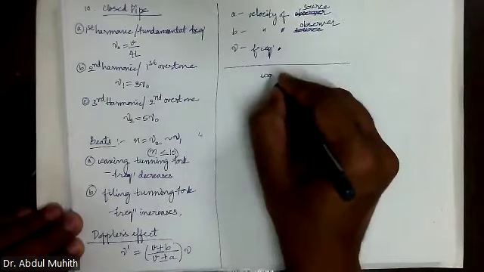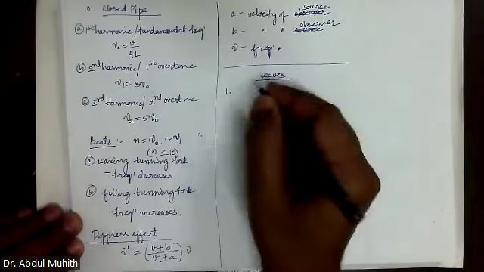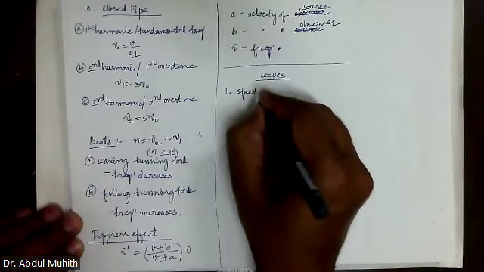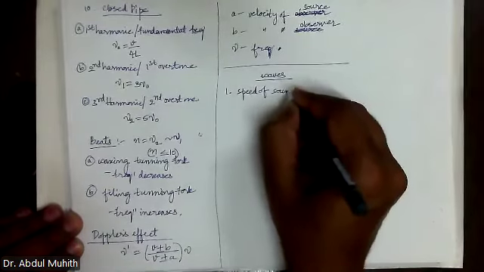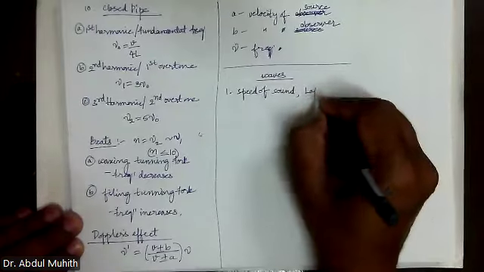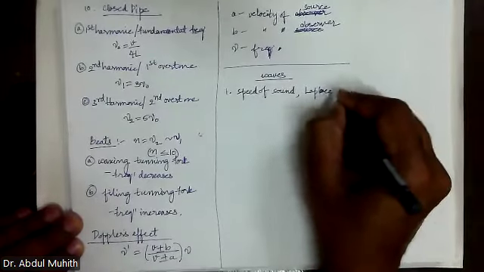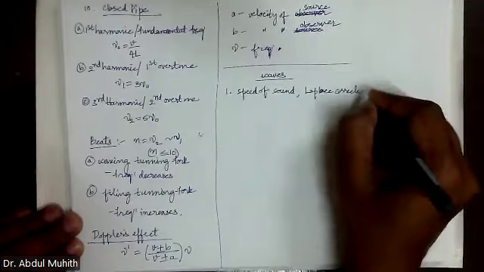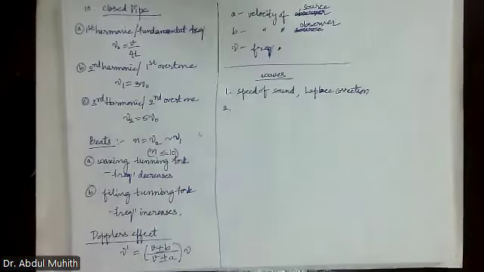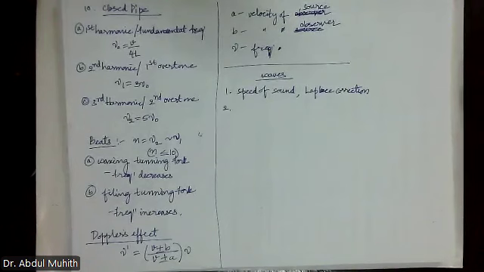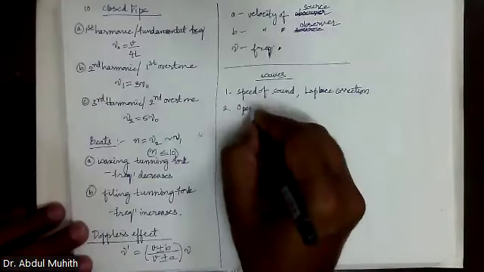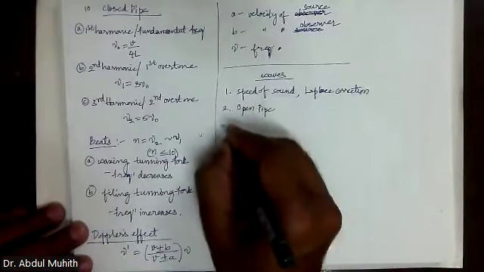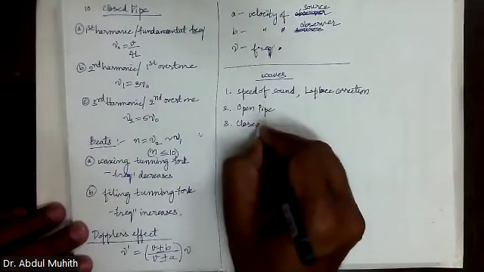First in waves, I'll discuss important questions. The first one is speed of sound and Laplace correction. This is the important derivation. Second one is open pipe, closed pipe, stationary waves. Next we have open pipe, closed pipe.